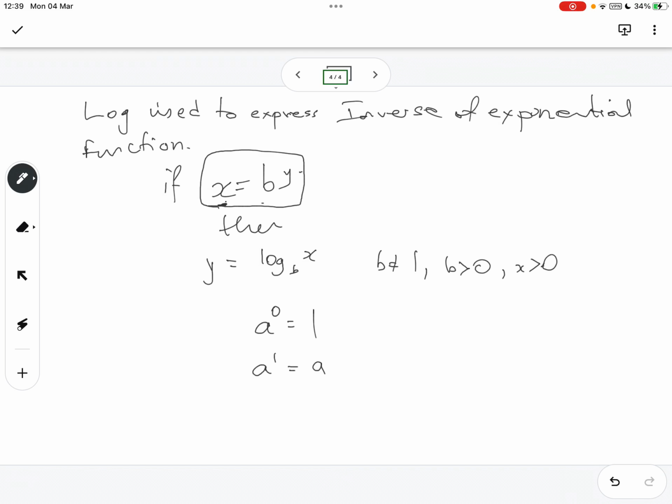I guess. So I want you to think about something like this. I agree we said if b is 0, we can't have that because how can I raise 0 to any power and get a different number than 0?